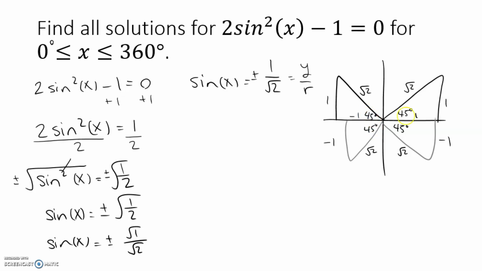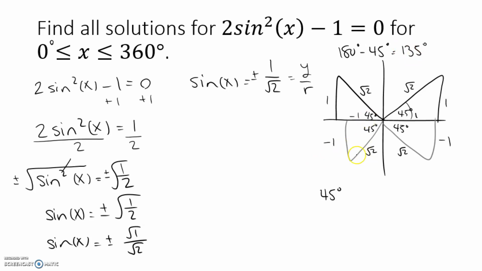Okay? So then you want to get your angles in standard position, which this first one is already in standard position, so you've got an answer of 45. Okay, to get the second one, we would do 180 minus 45, and that would give us 135.